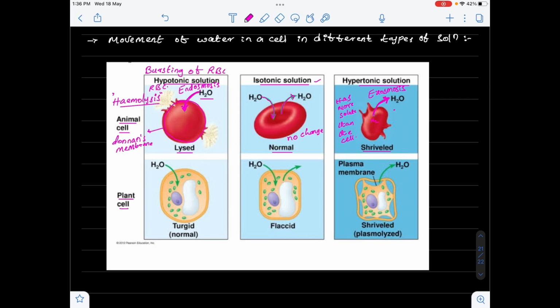So it results in shrinking of the RBC. This process is called as crenation. The shrinking of RBC when it is placed in hypertonic solution is called as crenation.